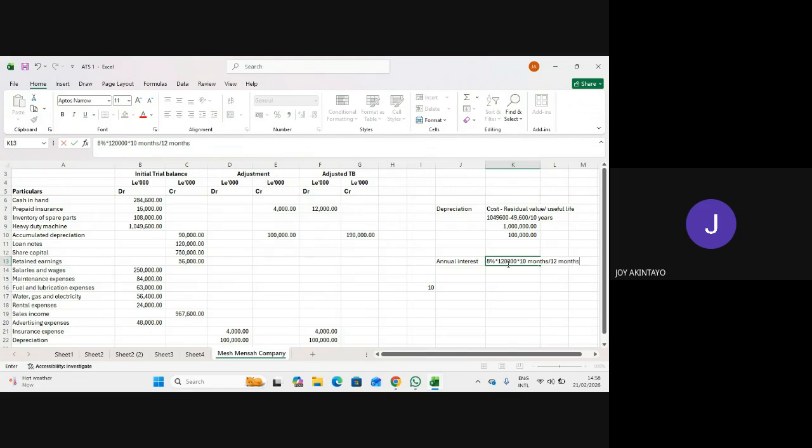So when you are doing this, you will quickly get it, which is equal to 8% times 120, abi, times 10 divided by 12. So we have a value. So calculate it from your side.